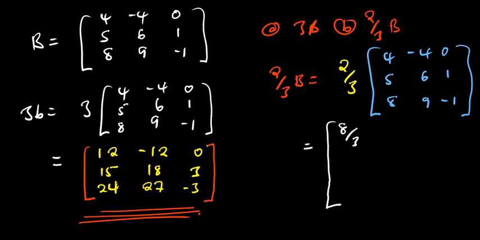Then negative 8 divided by 3. Then 0 divided by 3 is basically 0. Then 10 over 3. Then 12 over 3, and 12 over 3 is the same as 4.